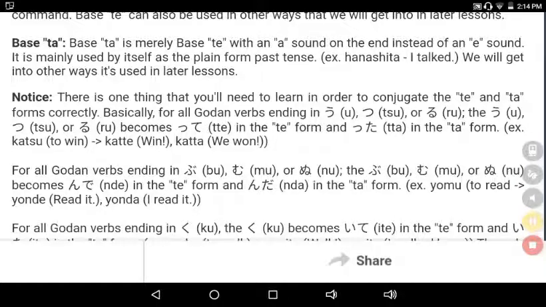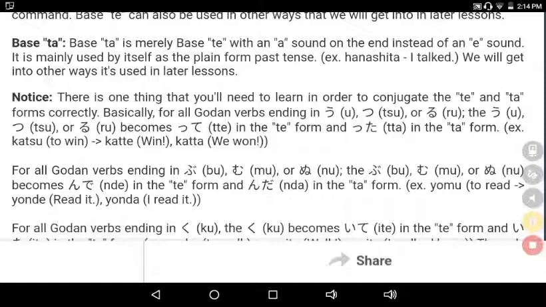Notice there's one thing that you will need to learn in order to conjugate the te and ta forms correctly. Basically, for all Godan verbs ending in u, tsu, or ru, the ending becomes tte in the te form and tta in the ta form. Example, katsu, to win, katte, win, katta, we won.